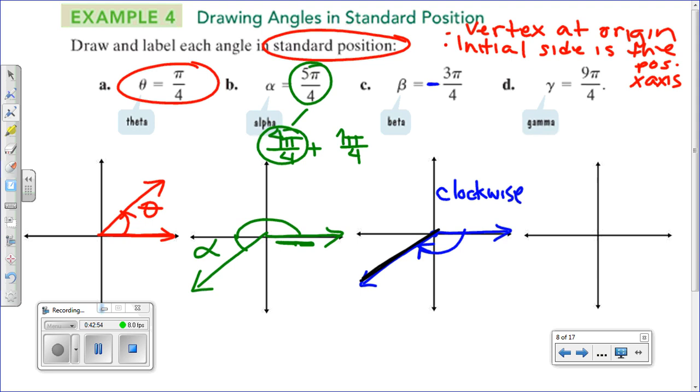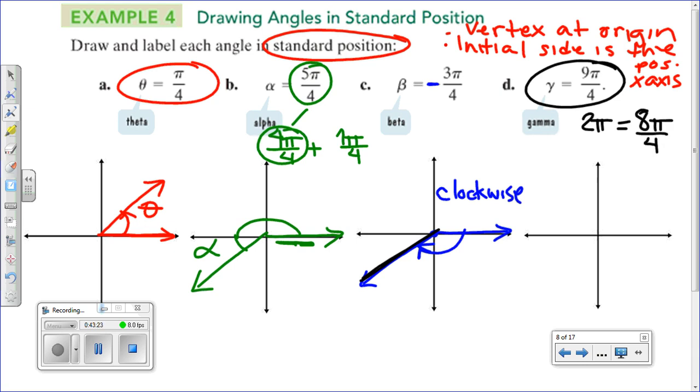Now here, for 9 pi over 4, will that be less than a circle or more than a circle? More, right? Because in fourths, 2 pi, and I know that this is why it says so much, since you guys are freshmen, to get used to fractions because of things like this. So 2 pi is equal to 8 pi over 4.